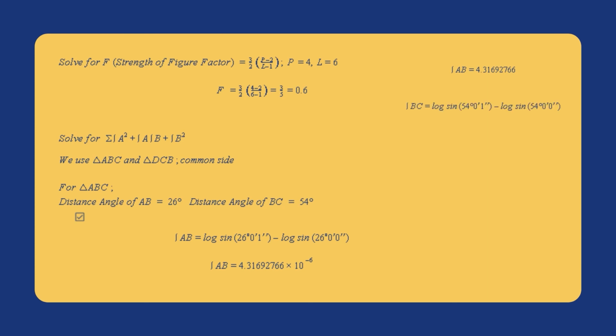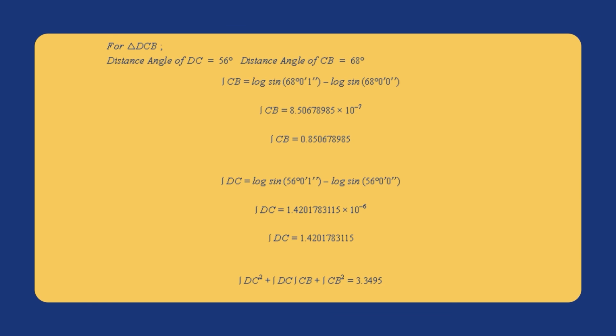The same goes with getting the value of the delta BC, in which we get the value of 1.529741346, and we proceed to the main equation of delta AB squared plus delta AB multiplied with delta BC plus delta BC squared, in which we get the value of 27.5976.